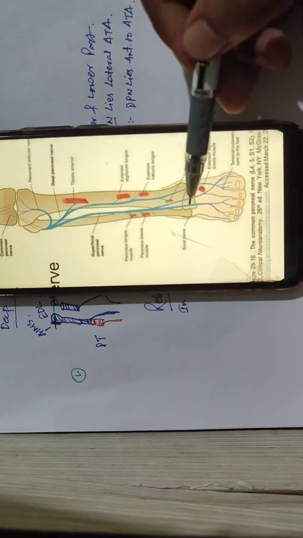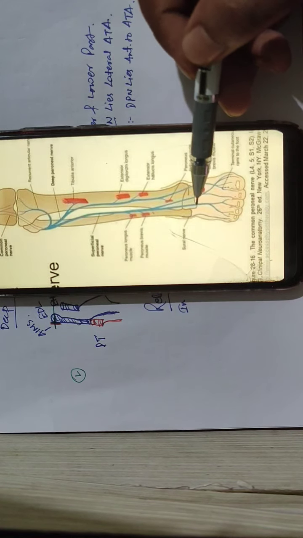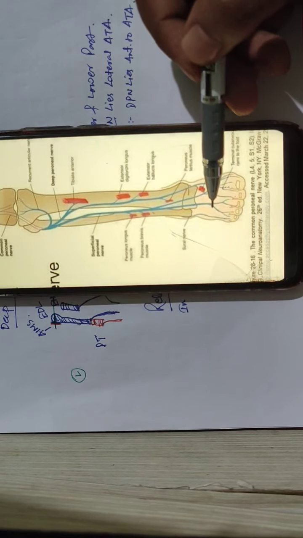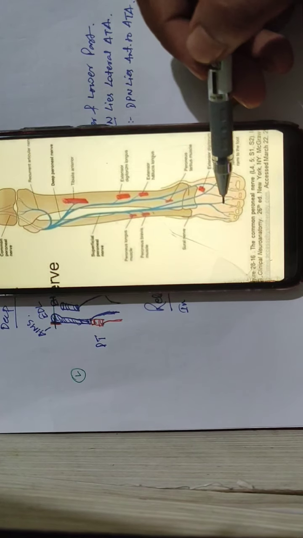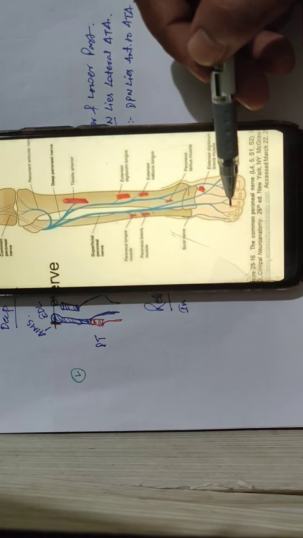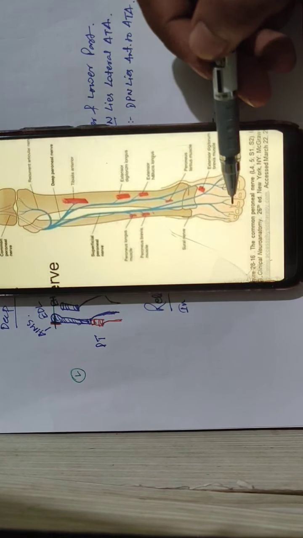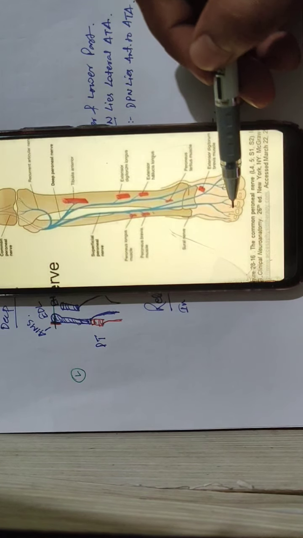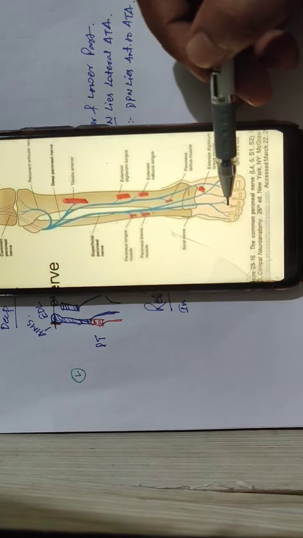Next, the lateral terminal branch. This is called the lateral terminal branch. It again divides into two dorsal digital nerves, first and second. The first one supplies the adjoining side of the third and fourth toe. This is the first, second, third and fourth. So the adjoining part of the third and fourth toe.